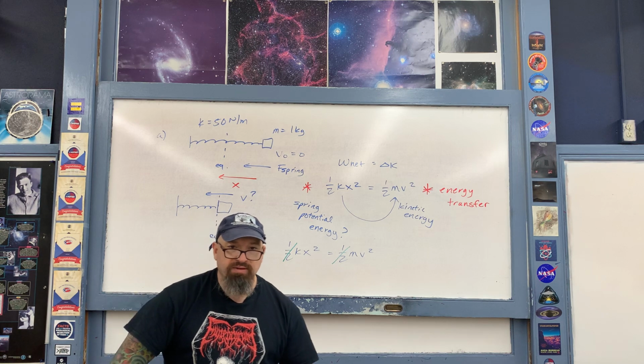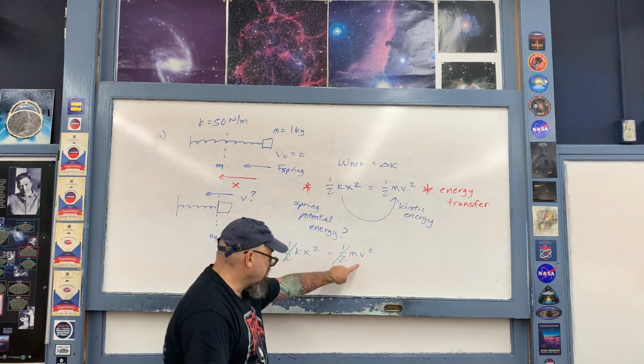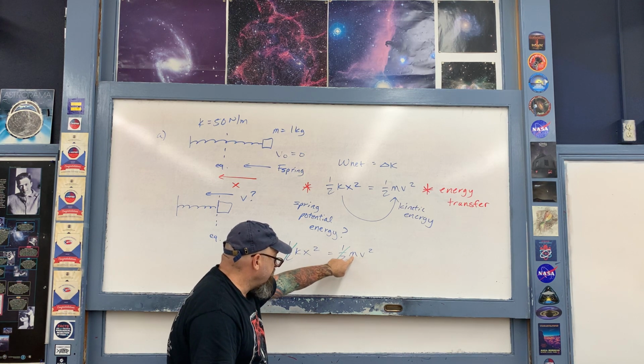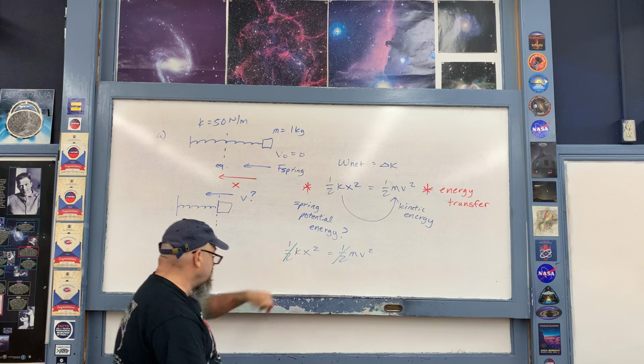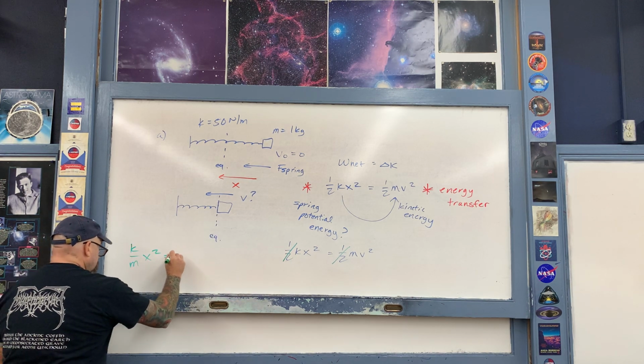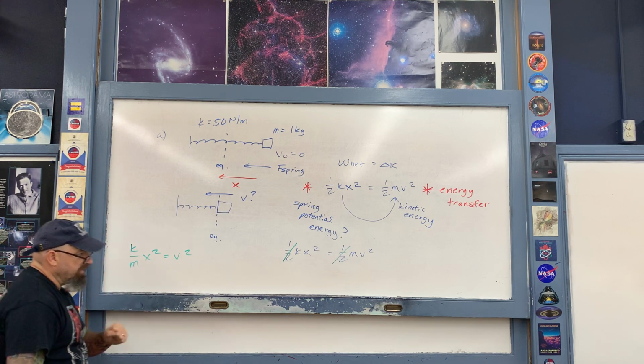So those properties of the oscillator, its mass and the spring constant k, are important when describing the speed v. To calculate the speed v, what we now have to do is divide the m to the other side. That gives us this, like so. And then we take the square root of both sides to get the speed v by itself.